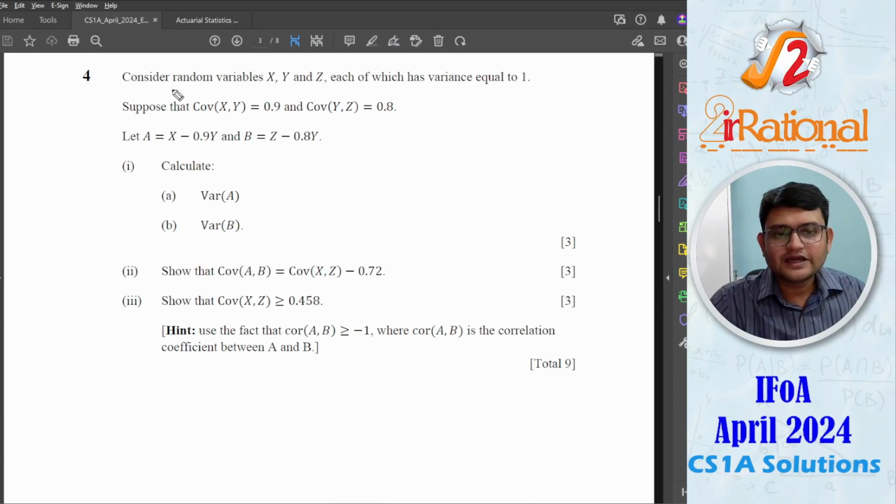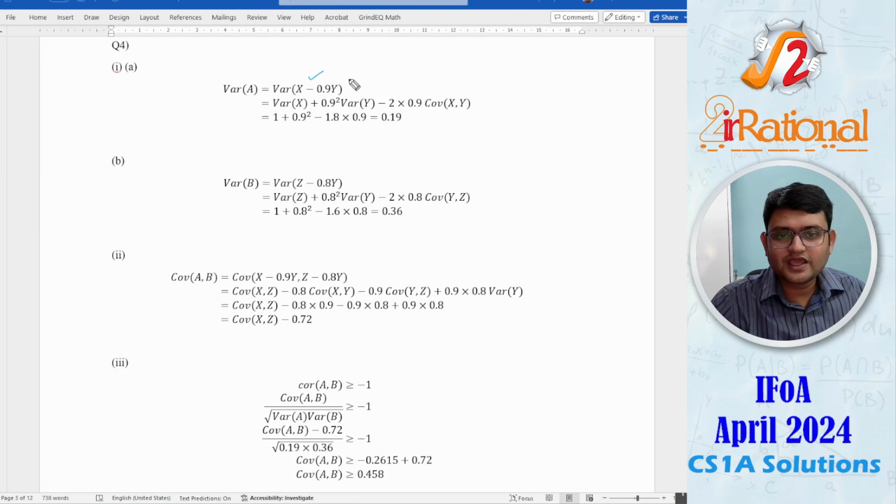Question number 4. Consider random variables X, Y and Z, each of which has variance equal to 1. Suppose that the covariance of X, Y is 0.9, the covariance of Y, Z is 0.8. Let A be X minus 0.9Y and B be Z minus 0.8Y. Calculate the variance of A, variance of B. A is X minus 0.9Y. We can split the variances.